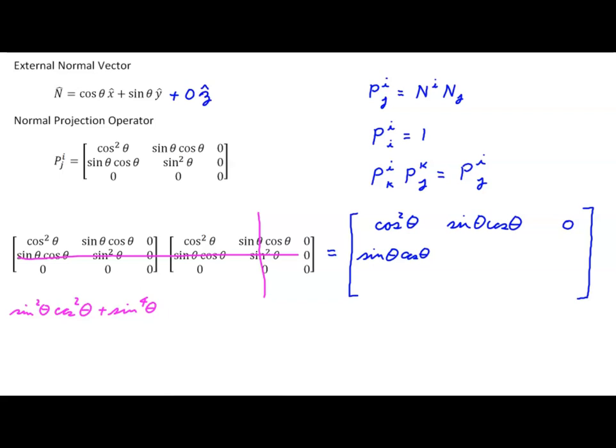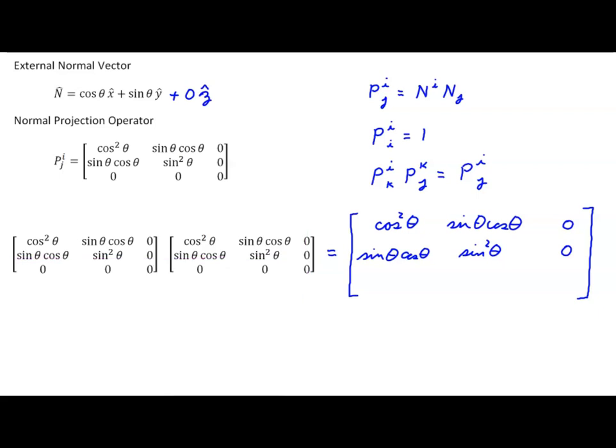So that tells us that this second term here is just sine squared theta. All right, next one is going to be this row times this column. Well, again, everything is 0 because we're multiplying this times 0, this times 0, this times 0. So that result is just 0 right over here.